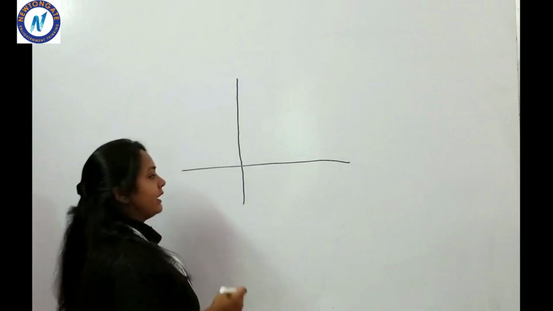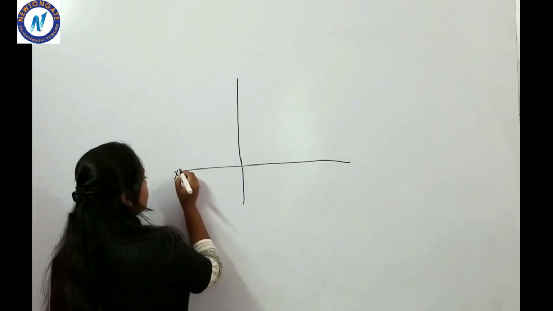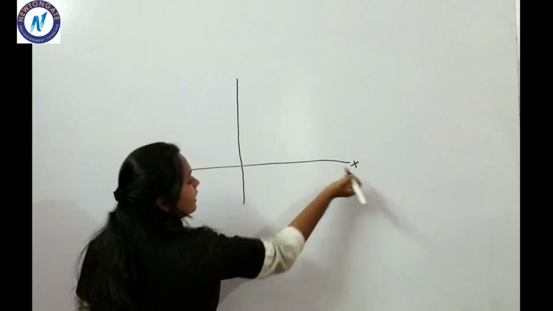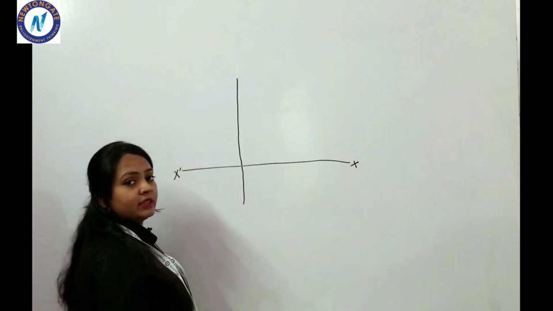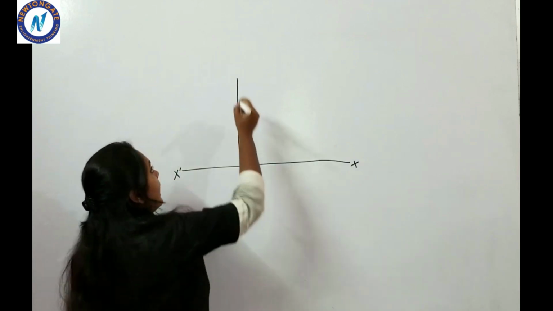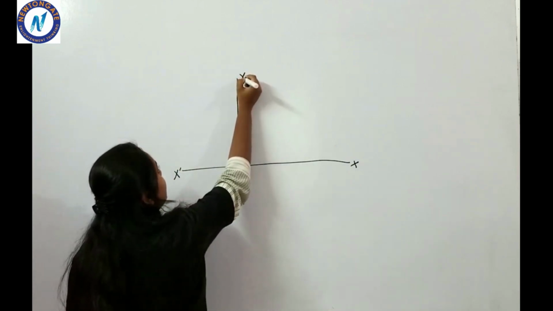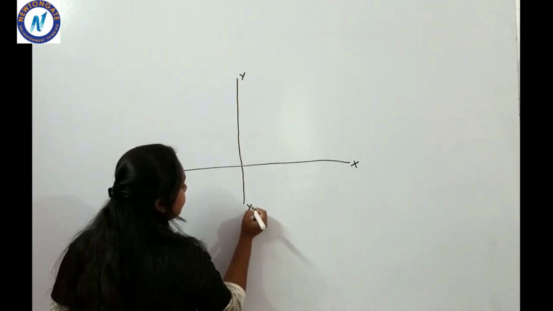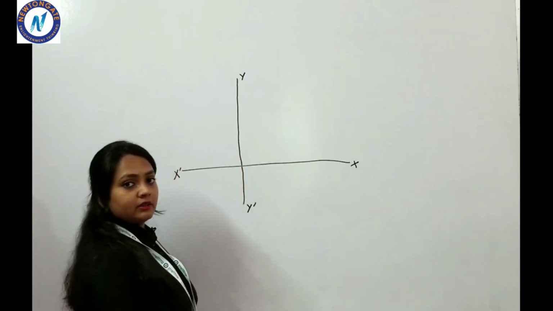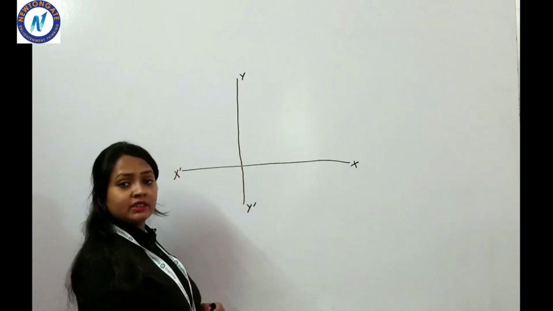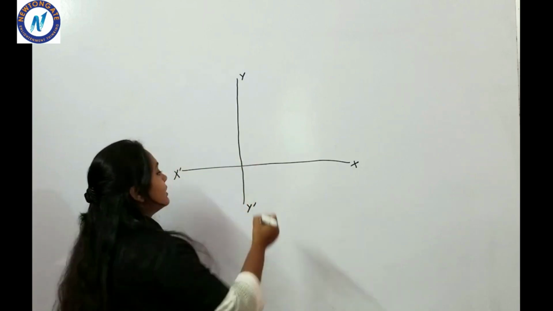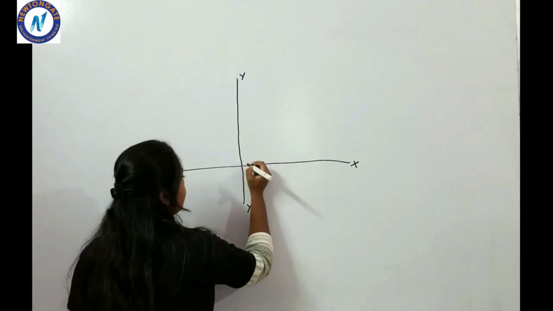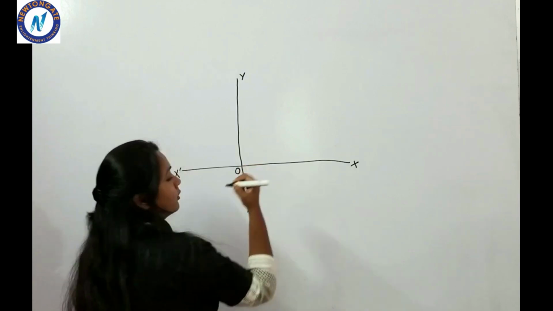The horizontal line is X' and X, where X represents the positive axis and X' represents the negative axis, and the vertical line is Y' and Y, where Y is positive and Y' is negative. Where these two lines intersect, this is known as the origin and is denoted by O.